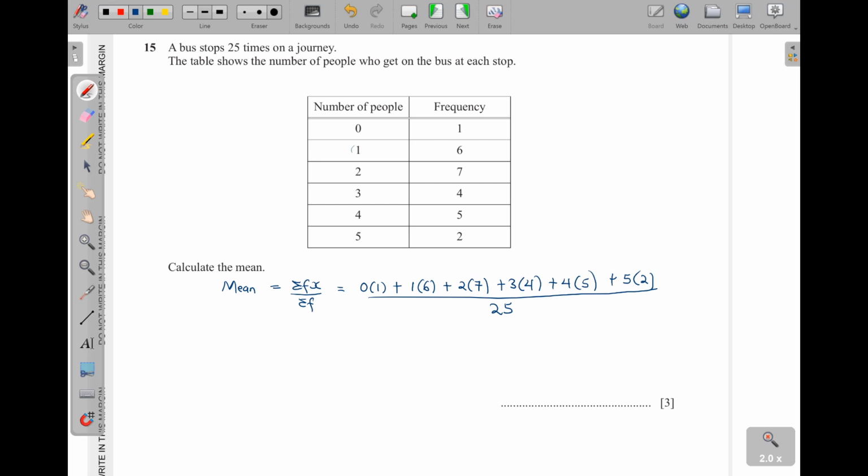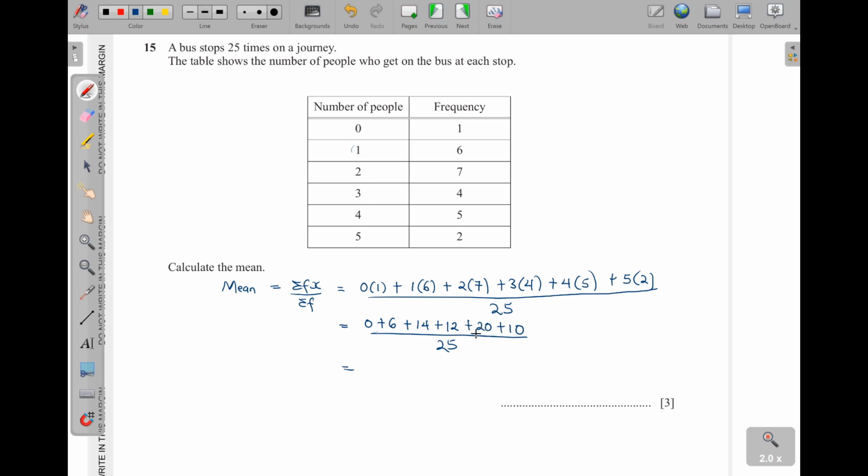Twos, you have 7 of them. Now, when we multiply, of course, here we shall have 0, then here 6, then here 14, then here 12, then here 20, then here 10, and then we divide by 25. Let's repeat this.